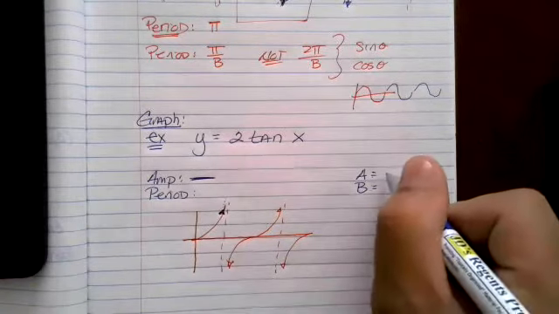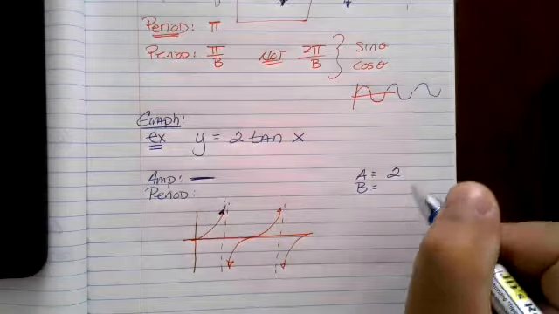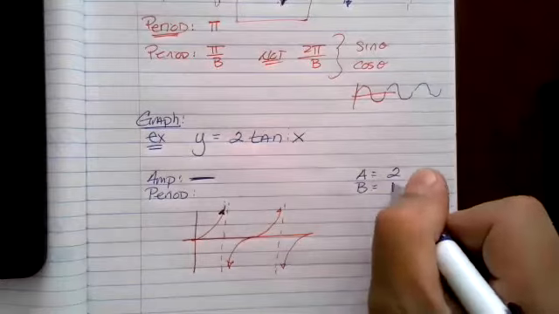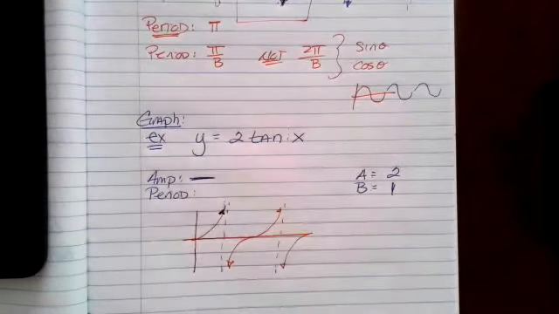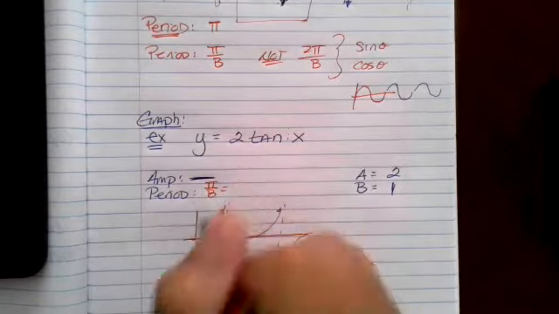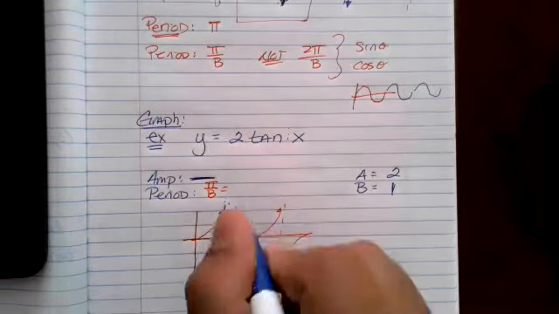There is an a value. The a value is 2, right? I have a b value here also. My b value is 1. My period in this case, very important, is pi over b. If I make a mistake during this lesson, that's where it's going to be.